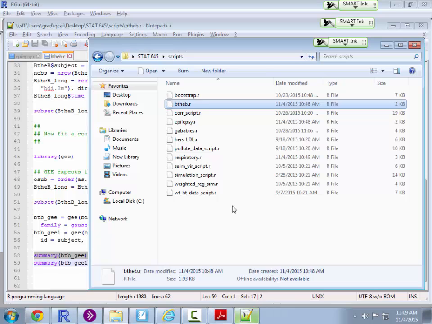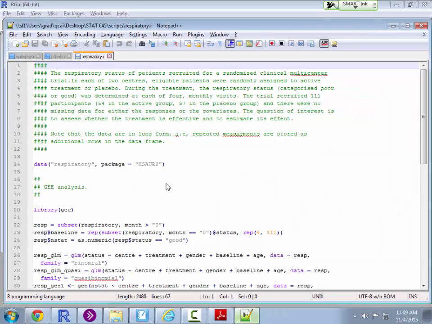And there was one other example that I was going to do. We don't have time to go through it in detail, but I'll just show it to you. Another time course example, respiratory status of patients in a randomized clinical trial. Patients randomly assigned to treatment or control. And during the treatment, the response is respiratory status, and it's categorized as either good or bad.